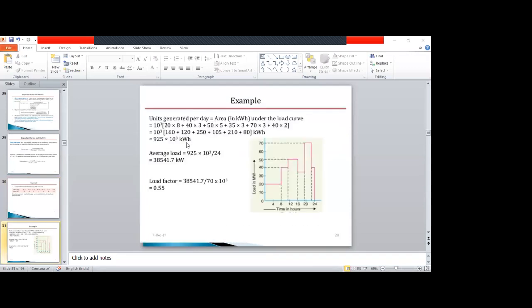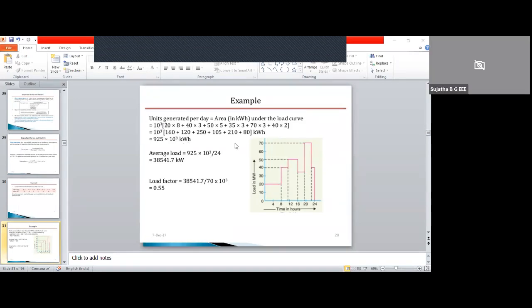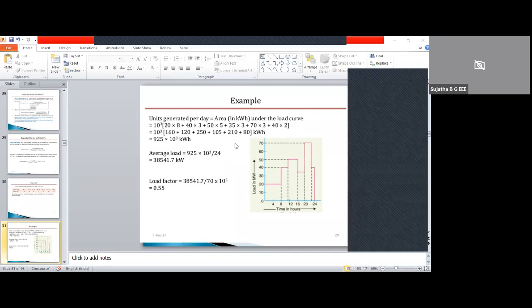So what we have done here is expressed it in kilowatts. 20 into 10 to the power 6 watts is nothing but 20 into 10 to the power 3 kilowatts, is it not? I have taken 10 to the power 3 as a common factor here. So what you get will be in kilowatt hour. Next slide. So you have solved one problem on how to calculate load factor.